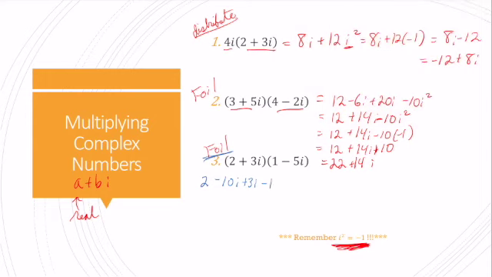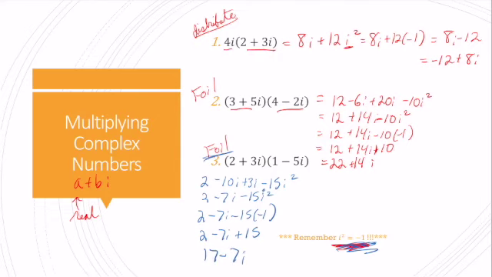Okay, so now I can combine like terms. I have 2 minus 7i minus 15i squared. Remembering that i squared is negative 1. So I have 2 minus 7i minus 15 times negative 1. So 2 minus 7i plus 15. That leaves me with 17 minus 7i. Remembering always to have our real part before our imaginary part.